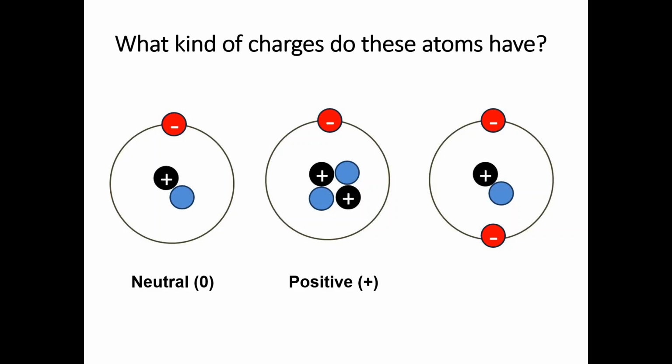The next one, look at that one. Would it have a positive, negative, or a neutral charge? It would be a negative because there's only 1 positive and 2 negatives. So it has more negatives than anything.